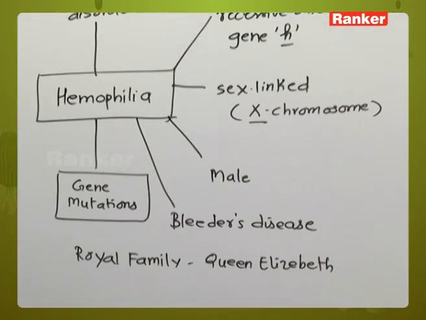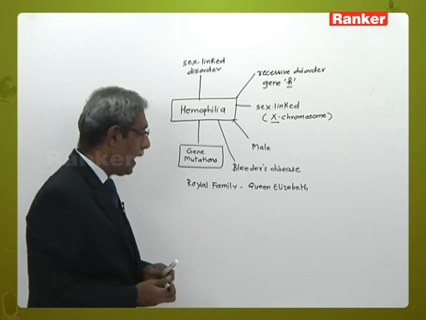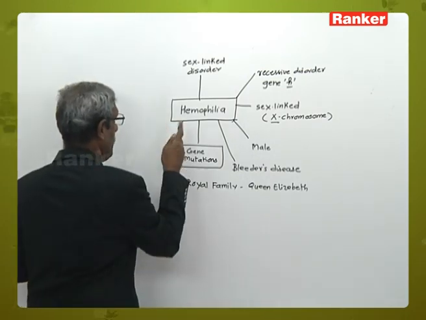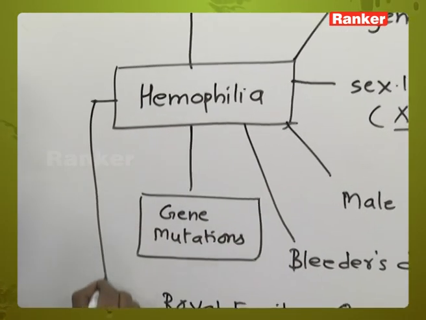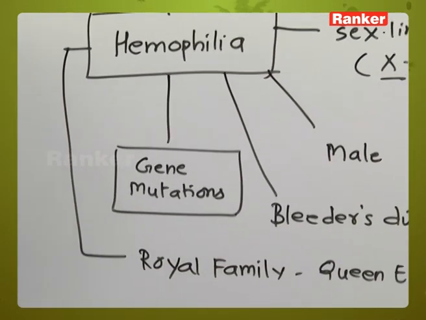The children of Queen Elizabeth inherited the pattern of the disease termed hemophilia.